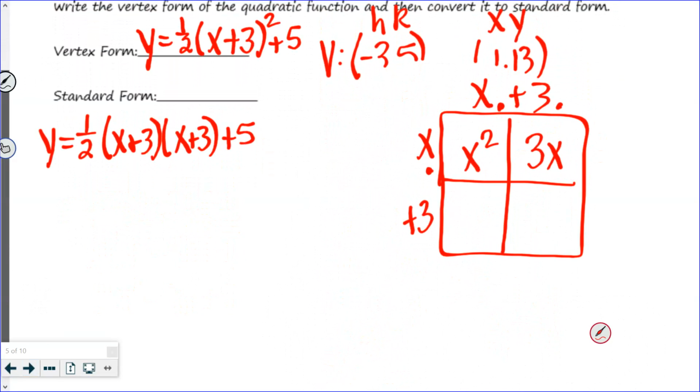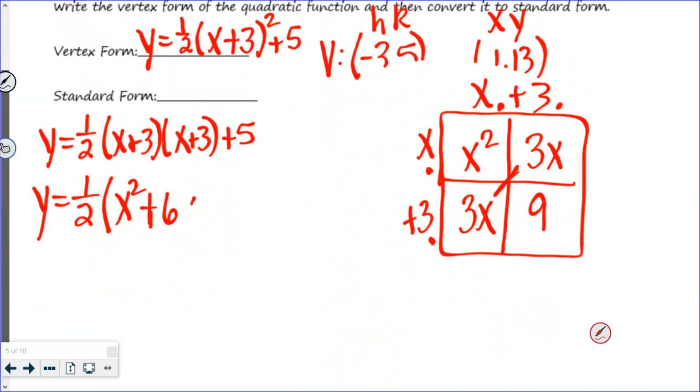And the top x times the bottom 3 is also 3x. And 3 times 3 is 9. So this becomes y is equal to 1/2. x squared is my first term. Adding my diagonal, I've got 3x plus 3x, which is 6x. Last term is that 9. And then we've got the plus 5.